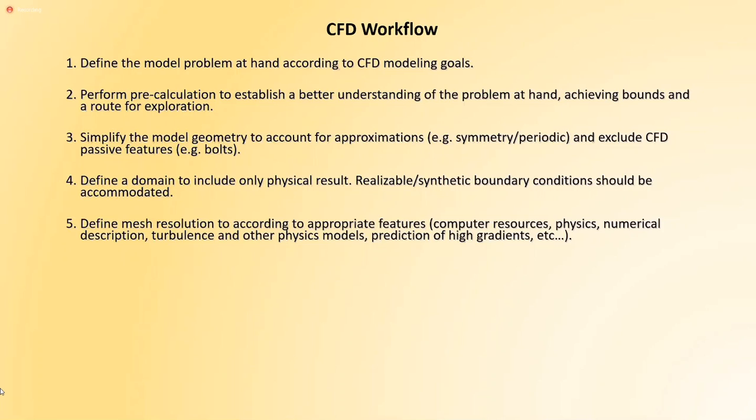Simplifying the model to account for approximations and exclude CFD passive features. Okay, so the first one, sometimes I'm wary about, because sometimes what you think is symmetry could not be right. And furthermore, it could really cause problems. But do exclude passive features.